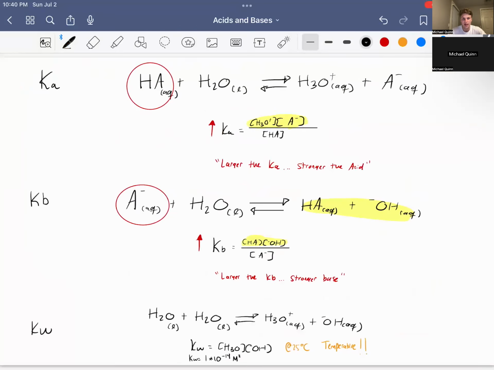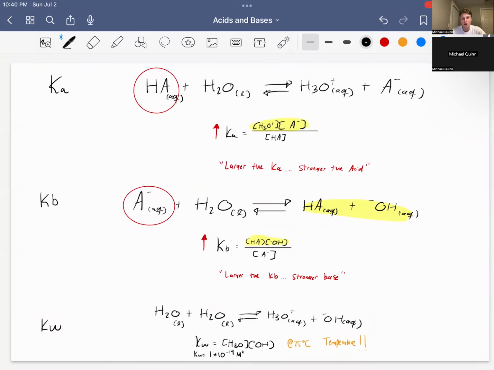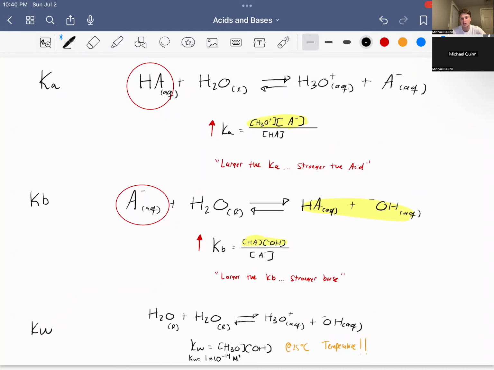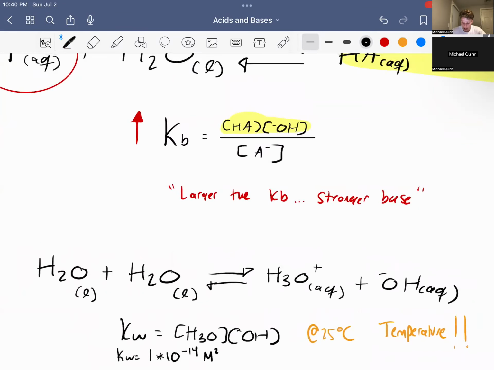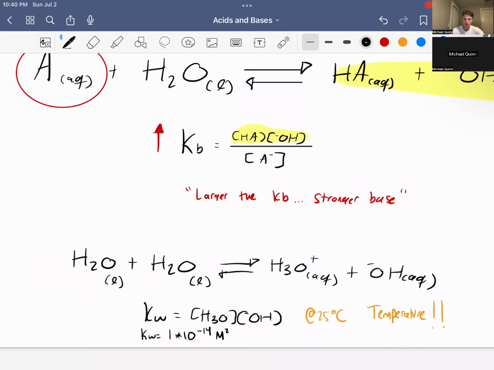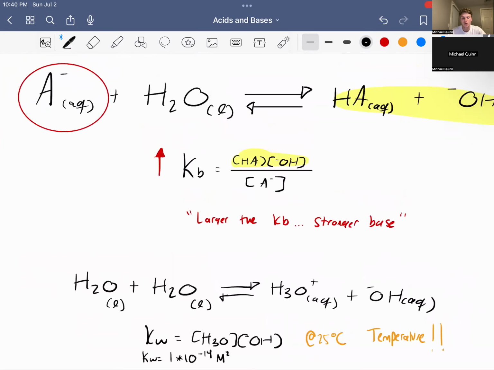So as we can see, for these three equilibrium expressions, based on whether we have a stronger acid or a stronger base, we will see a larger Ka or Kb value. And then for the Kw reaction, we will see at 25 degrees Celsius, Kw will be equal to 1 times 10 to the negative 14.